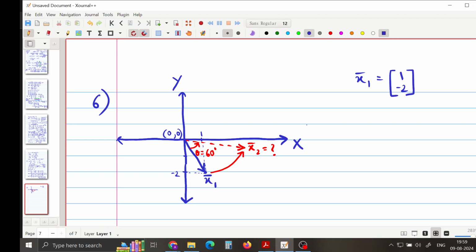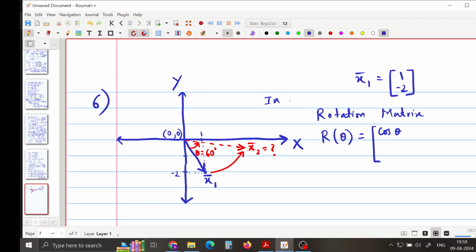Now again, as I said, this is an application of the rotation matrix. We are familiar with the rotation matrix from the contents of week 3. So the rotation matrix denoted by r of theta in the 2D plane, this is the 2D rotation matrix.